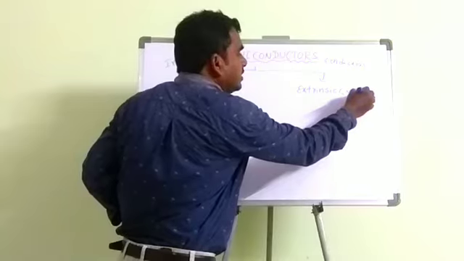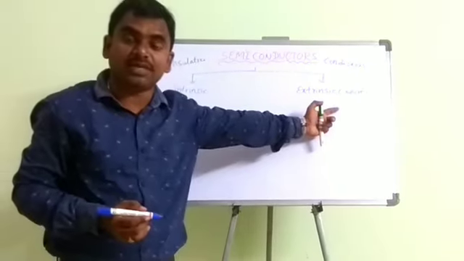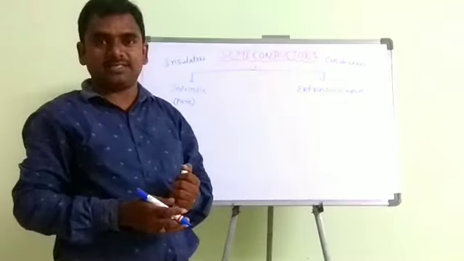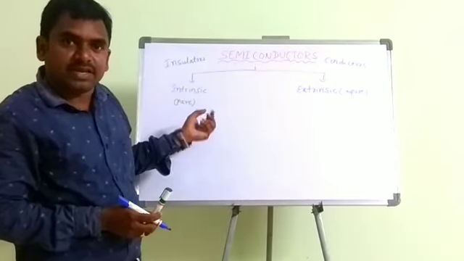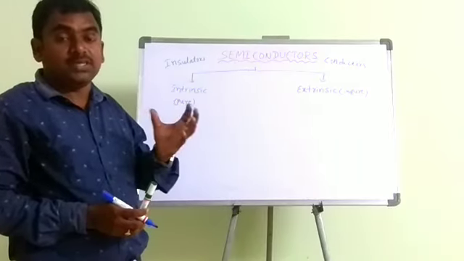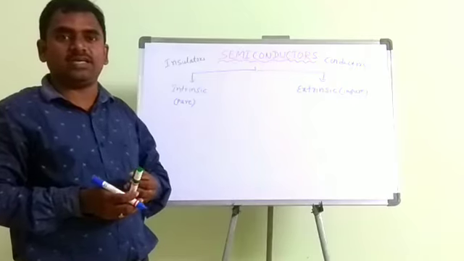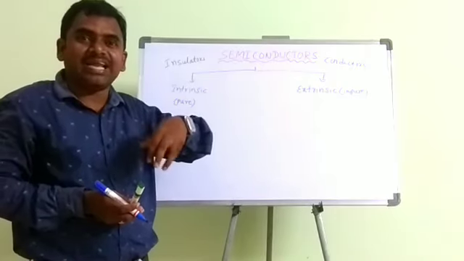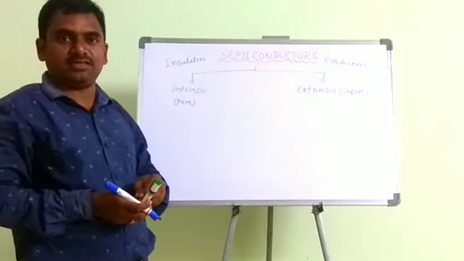Why we call intrinsic semiconductors pure and extrinsic semiconductors impure is that an intrinsic semiconductor has a single kind of atom. But to increase the electrical conductivity, we add impurities to the intrinsic semiconductors.